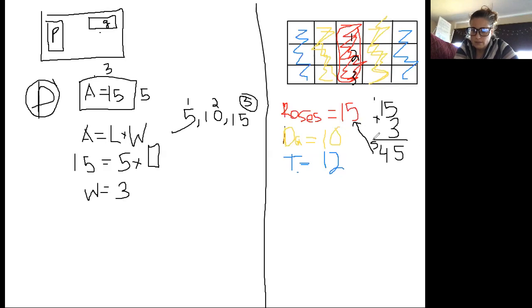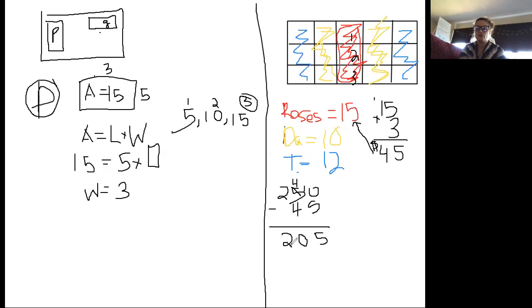Okay? So if I'm starting at $250, by adding that row of roses that cost me $45, let's see how much I'm going to have left. Can't subtract. So 10 minus 5 is 5. 4 minus 4 is 0. 2 minus nothing is 2. I still have $205 to go.